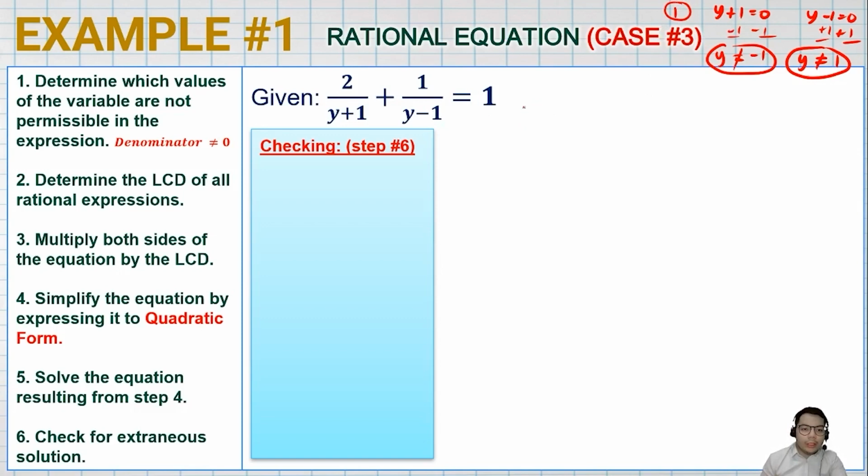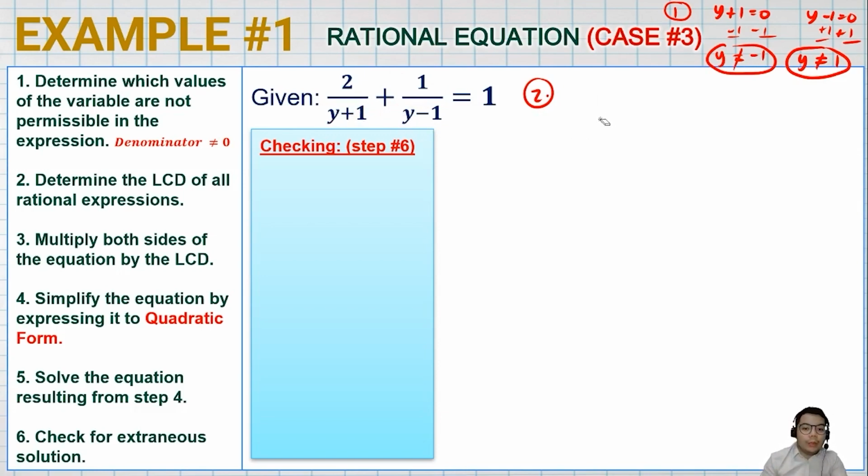So, that's step number 1. Step number 2 says, determine the least common denominator of all rational expressions. So, we have two rational expressions here: 2 over y plus 1 and 1 over y minus 1. Ang sabi dun sa video, pag ganito daw yung case ng ating rational expression, multiply mo lang yung dalawang denominator to get the LCD.